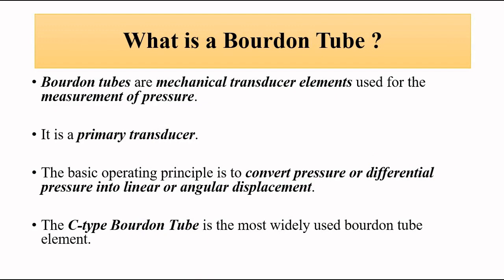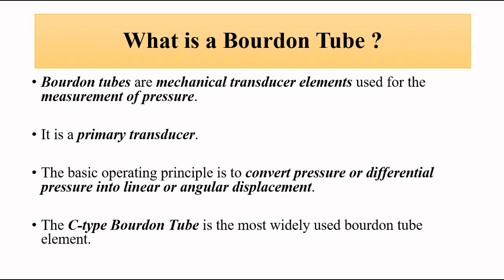Again, primary transducers are those which convert the physical parameter sensed by that element into mechanical movement, to and fro displacement, mechanical motion, linear motion or angular motion. So it has to be converted into a suitable voltage or current signal using secondary electrical transducers. It can be anything: potentiometric, capacitive, inductive, LVDT, anything.